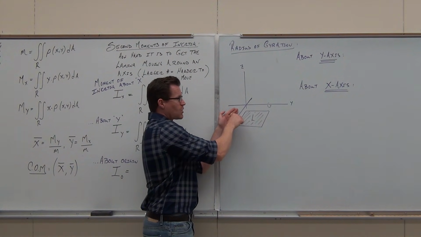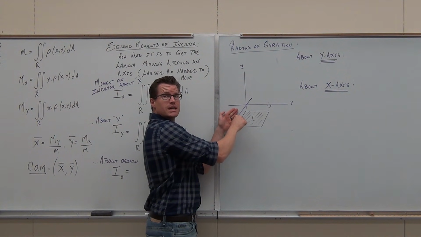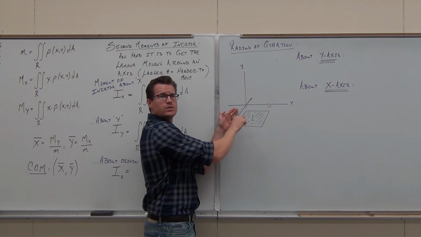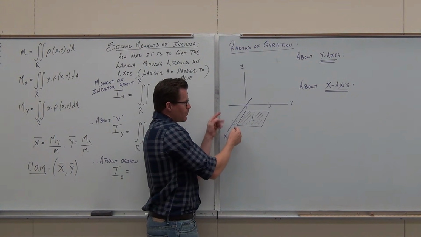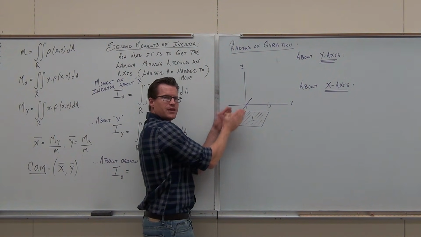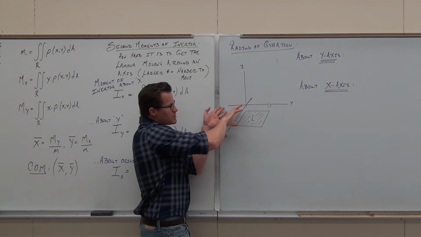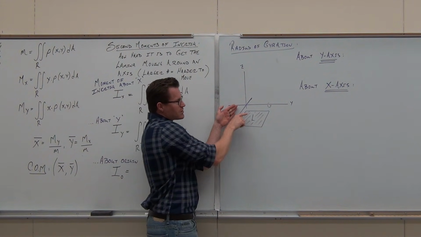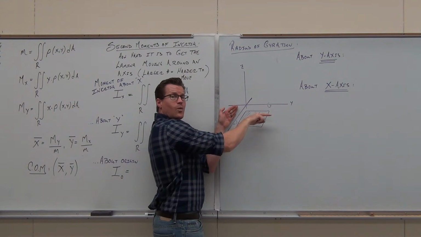If the mass is more heavily distributed out here versus out here, it's going to have a different tendency to rotate about this x-axis. Does that make sense? Where the weight is placed this way has no effect on this x-axis. The rotation about the x-axis has to do with where the mass is distributed along the y-axis.